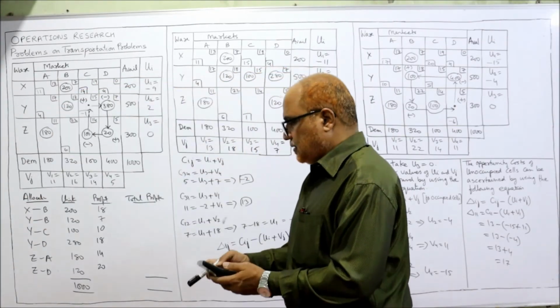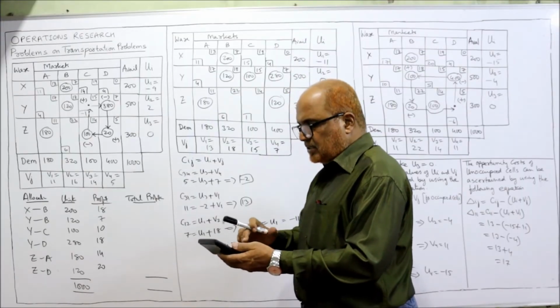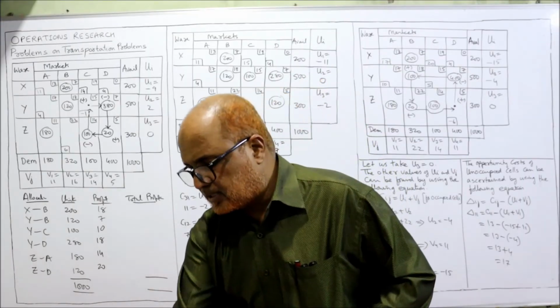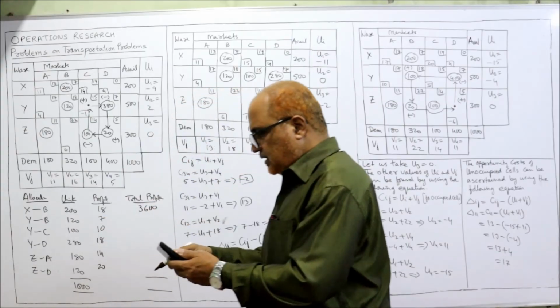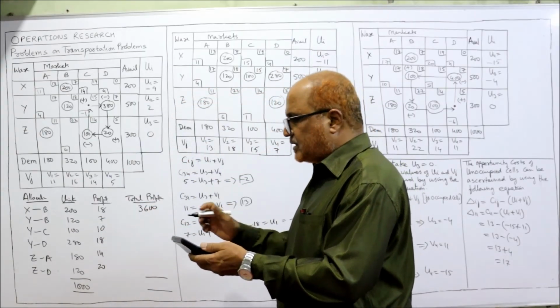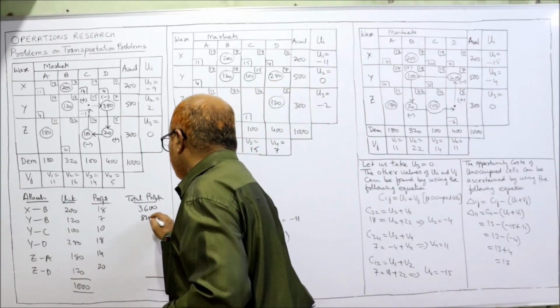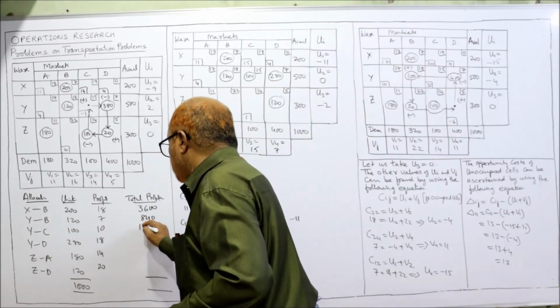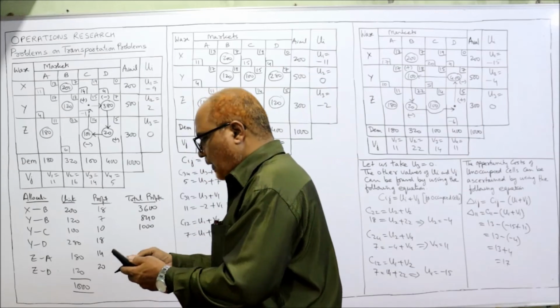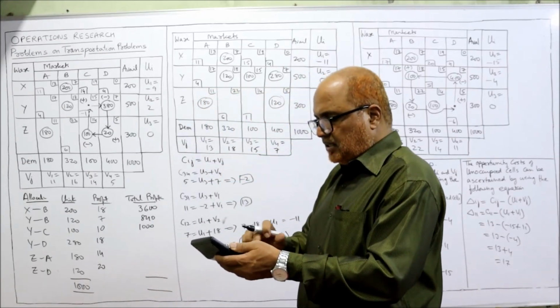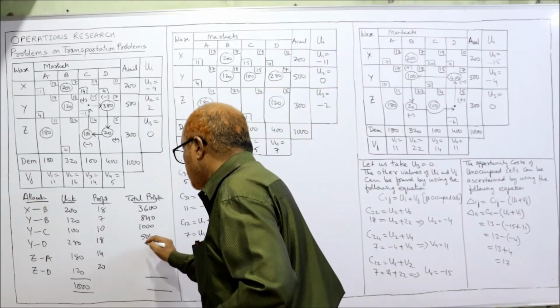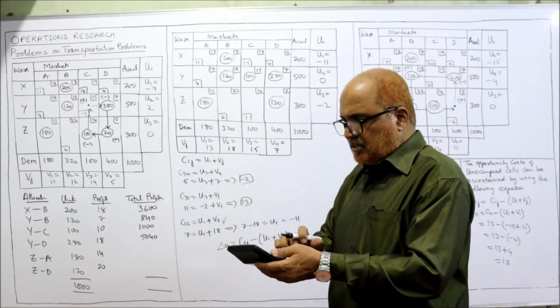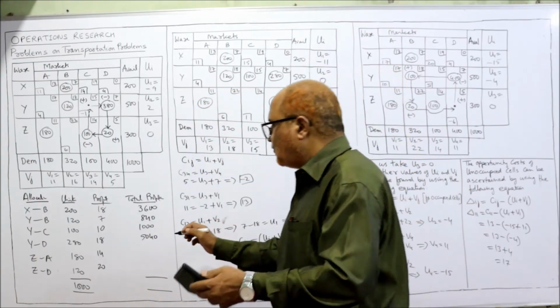Now we have to multiply. 200 into 18, you will get 3600. Then 120 into 7, you will get 840. Then 100 into 10, you will get 1000. 280 into 18, 5040. Next one, 180 into 14, you will get 2520.